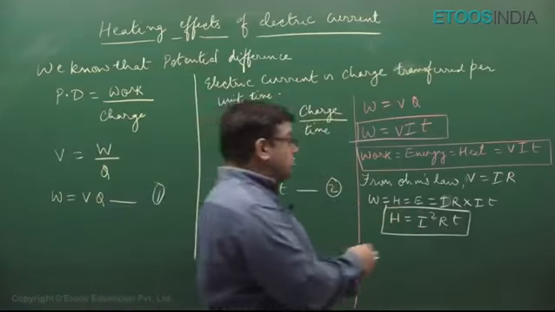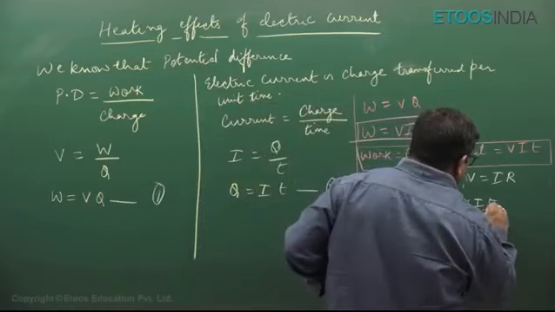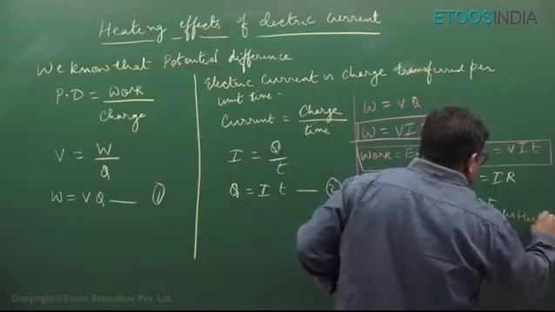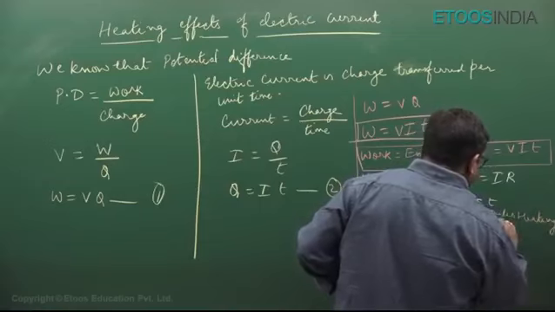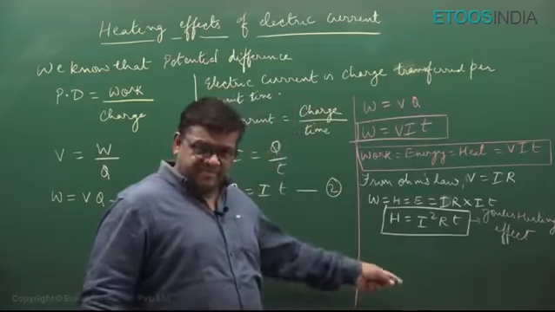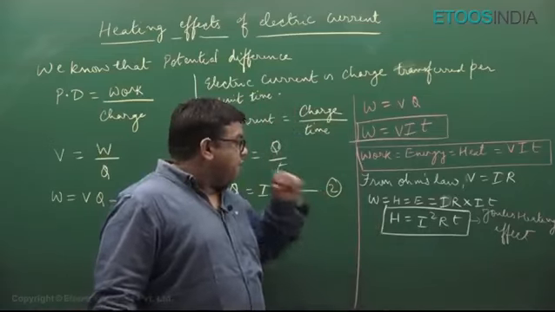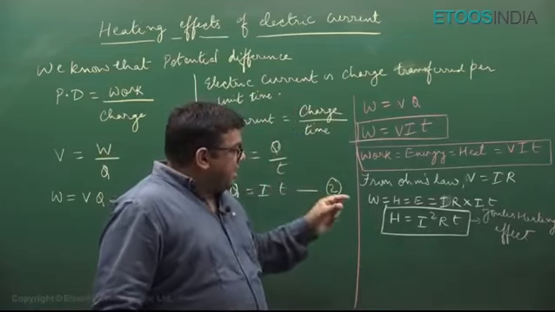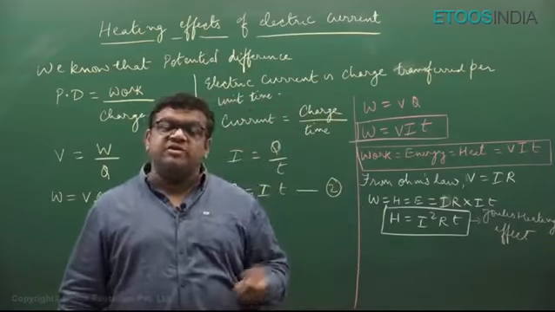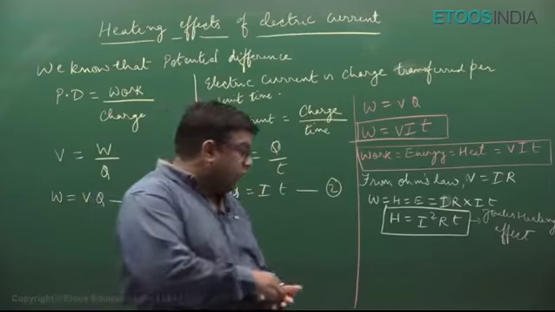Students, this is also known as Joule's heating effect. Clear? Now, if the question is asked what are the factors on which Joule's heating effect depends, what will you write?